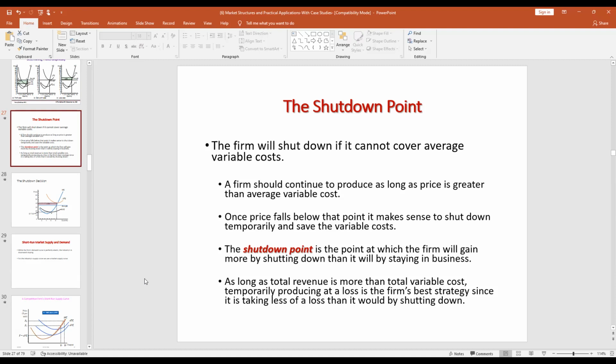Okay. If we think that we as a firm are going to have a loss continuously, then what? Are we going to close down the firm?